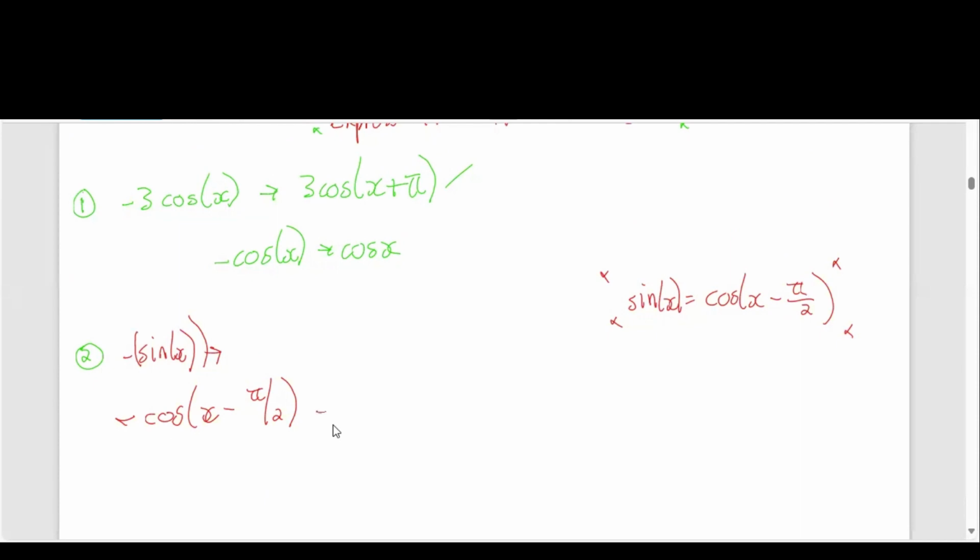So this will finally end up being cos of x minus pi on 2 plus pi, so that'll end up being cos of x plus pi on 2. So that piece is done.